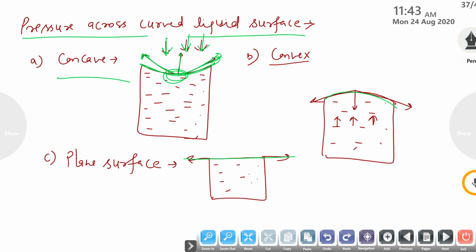Now for the convex, if we draw a tangent like this, then the resultant will be here. So if the resultant is downward, to keep its position here only, you have to apply a pressure which is perpendicular upward. And if this is a plane surface, then it will apply a force here, and both forces will cancel each other. So there is no net pressure on the upper or the lower part.